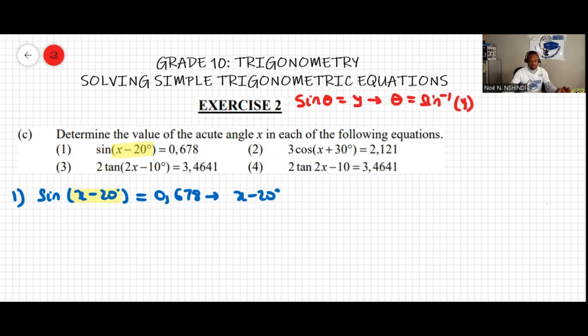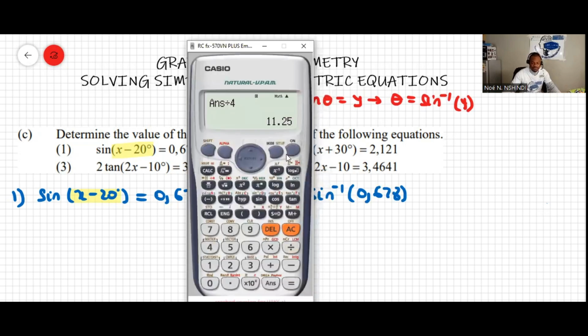This is true for all trigonometric functions. So here, x minus 20 degrees equals sin minus 1 of 0.678. We use a calculator: press shift and then sin of 0.678, close bracket, press equal.